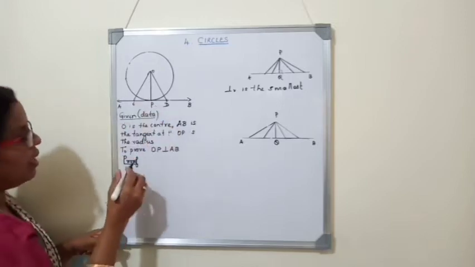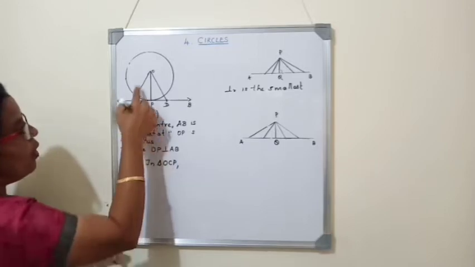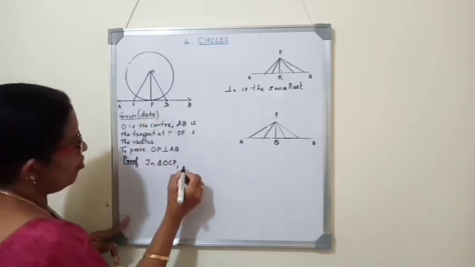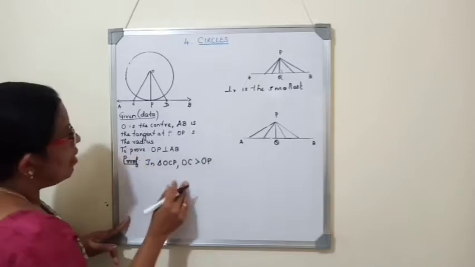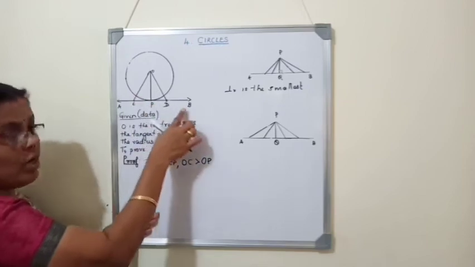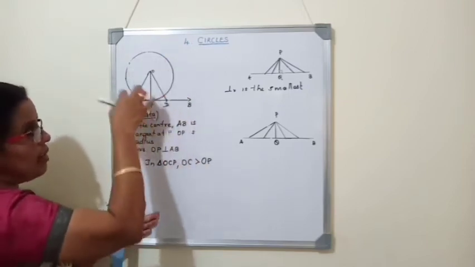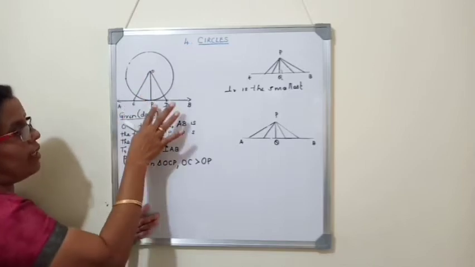So in triangle OCP, OC is greater than OP. Do you know the reason? The reason is C is a point of AB. C is not on the circumference of the circle. So definitely OC will be greater than OP.